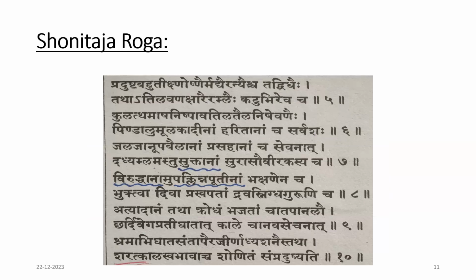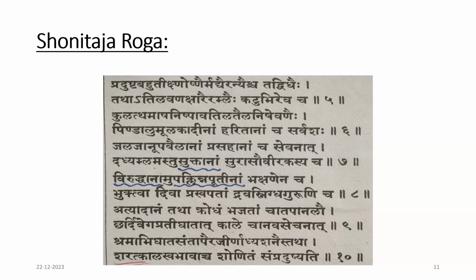Viruddhanam, Upaklinnam, Putinam is the word he has used for the accumulated ama which later turns into Visha, and such Visha Anna or ama is Suktanam and Viruddhanam, Upaklinnam, Putinam. Puti is what stays in the body for a long time and reaches Puti Avastha, the decomposed stage. And if you see, Vega Vidharana is also one of the factors.